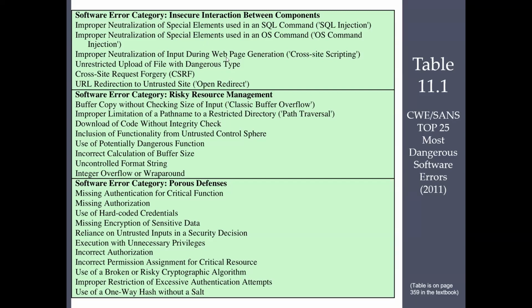And then what's going to happen is we'll talk about some safe coding practices that eliminate this first category, the interaction between functions and between modules. Then we'll talk about what we can do to resolve the resource management software problem. And then lastly, we'll talk about how to eliminate the holes in our software defenses, okay?